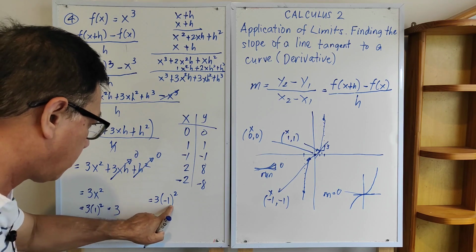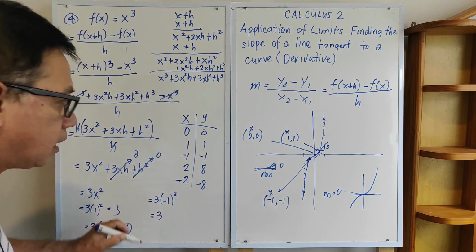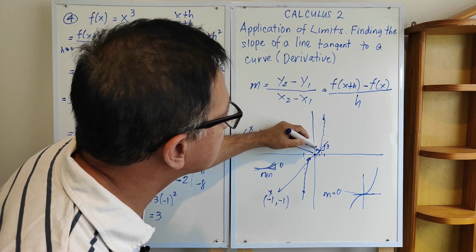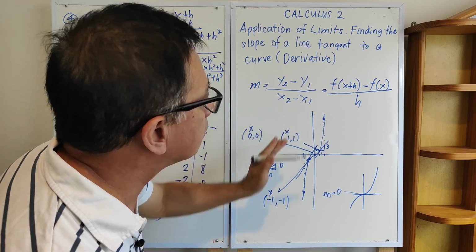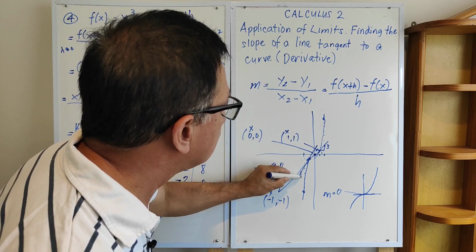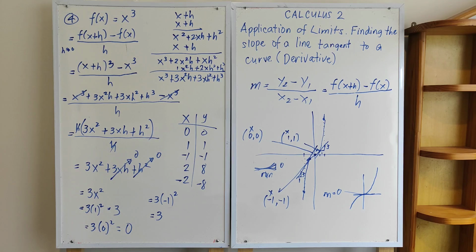This will become positive: negative 1 squared is 1, times 3 is 3. So in here, your slope is positive 3. So it's going this way. It means that your rise is 3, your run is 1. And that is the end of the derivative.